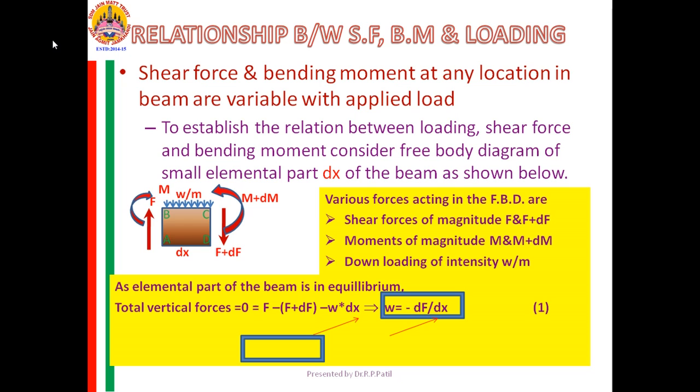But what is F and dx? x is the location of the section, and dF is the change in shear force with the change in location of the section. That is the meaning of dF by dx. Indirectly, I can call it the rate of change of shear force.